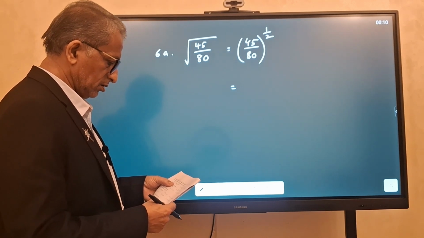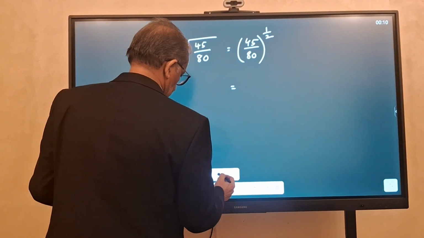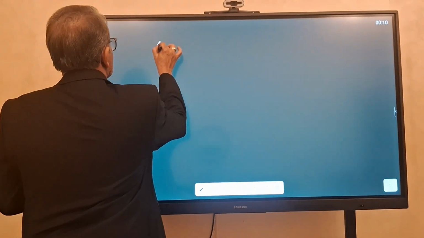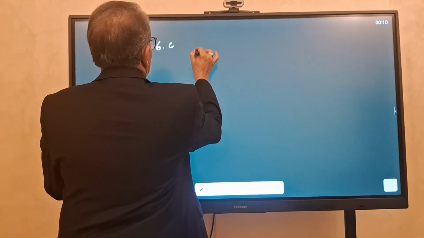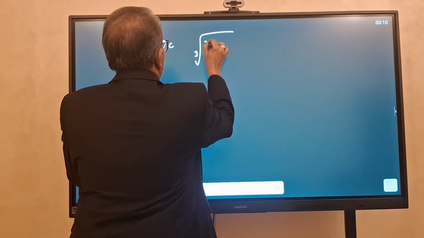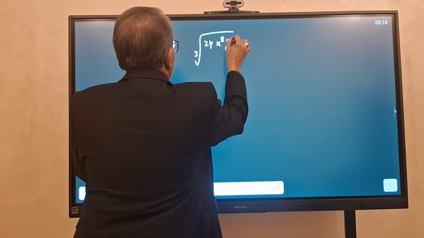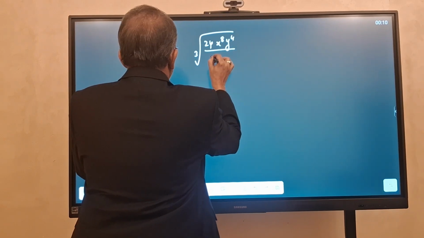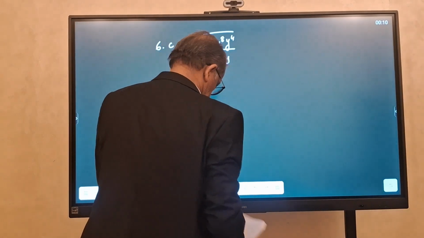Similarly, let me do 6c. Cube root of 24x8 y4 by 81 x square y.